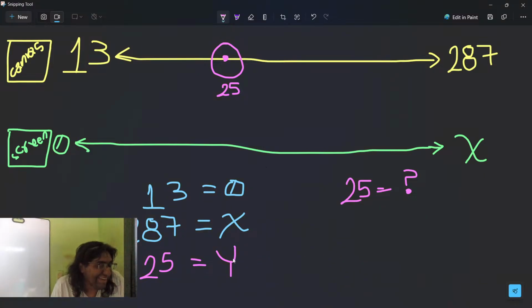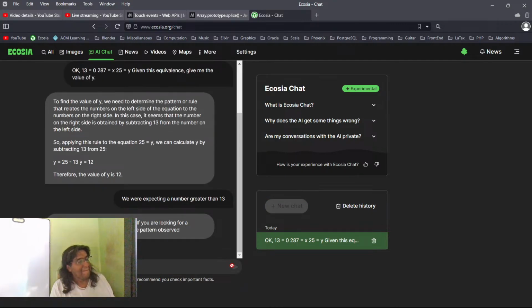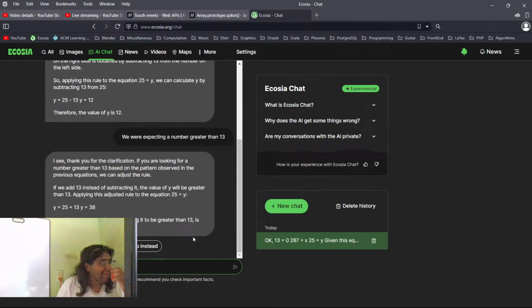Where is this thing? Okay. This y equals 12. You know that we expect a number greater than 13. Let's help this AI system. Yeah, now we're talking.